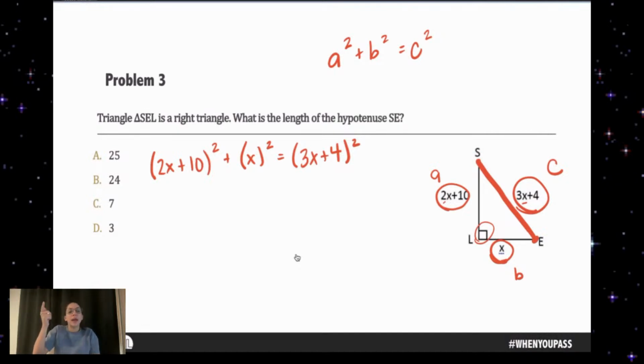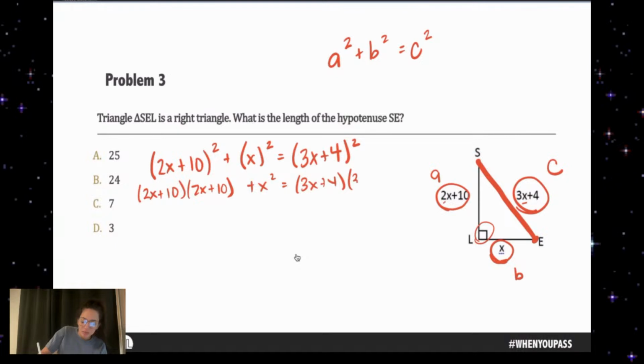So if it's squared, I'm going to multiply that thing times itself 2 times. If it's to the third power, I'm going to do that thing times that thing times that thing. So if this is 2x plus 10 squared, I need to do 2x plus 10 times 2x plus 10, plus x squared equals 3x plus 4 times 3x plus 4.